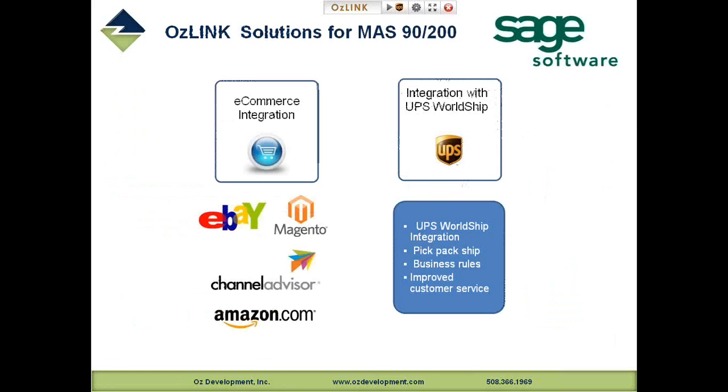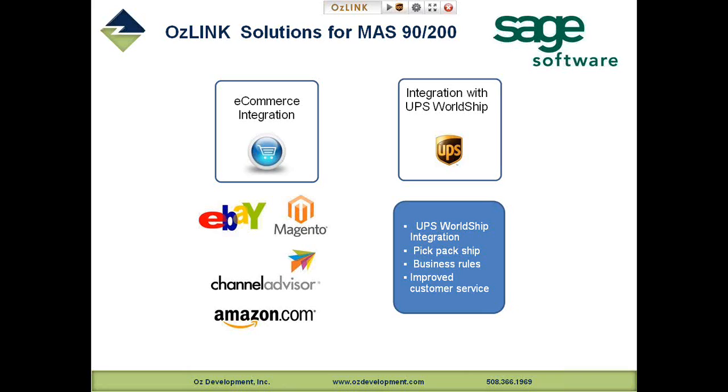In terms of the solutions we provide in the MAS 90-200 segment, we really do integration and extensions around that order management process. So there's a couple of different flavors to that. On the front end, as orders are coming in with new growth channels, like the e-commerce channels, things coming from a website maybe run by Magento, or people selling things on the marketplaces, eBay, Amazon, feeding those orders into the order entry system, the MAS system, and then how that gets fulfilled.